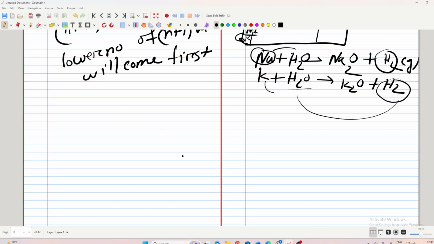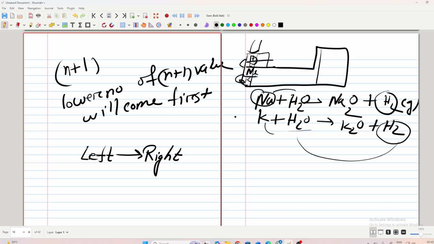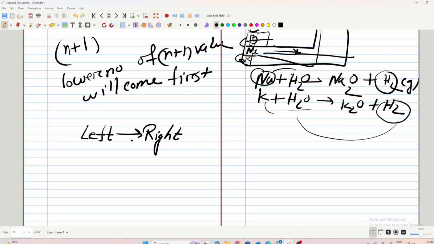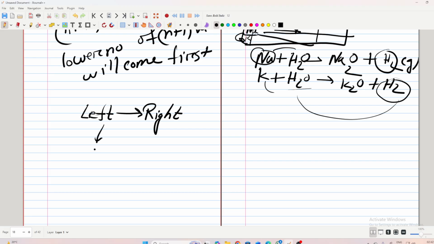So what I have just written in the slide: if you go left to right in a period, the size or radius decreases. Am I clear?